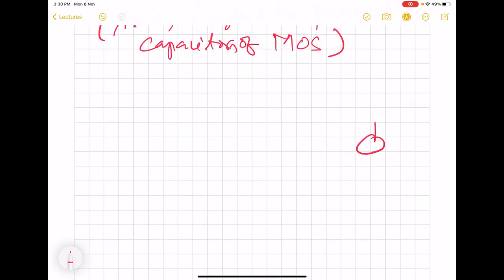So we have M2 here. And this is gate 2. Let us say this is the gate of the first MOS.